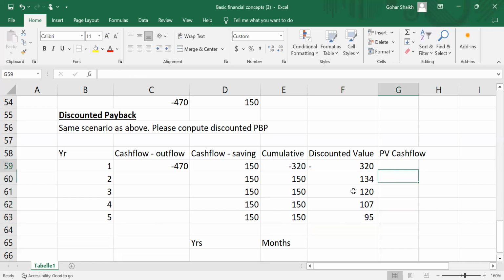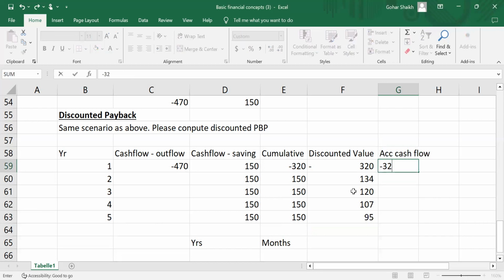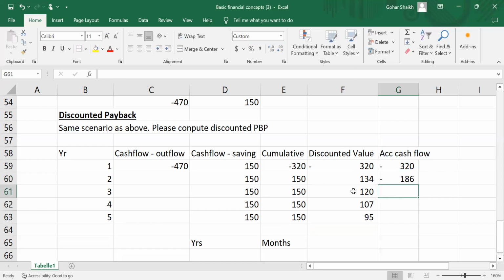Now, if I want to calculate accumulated cash flow, I would simply do negative 320 for the first year, and for the second year negative 186.